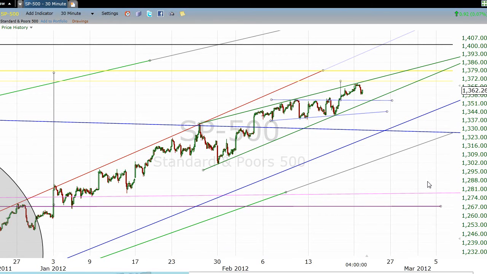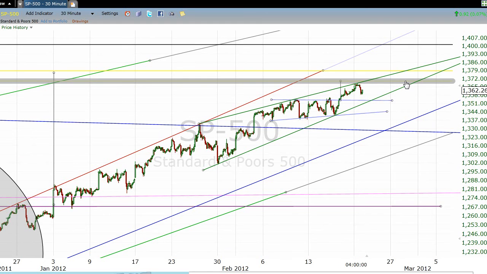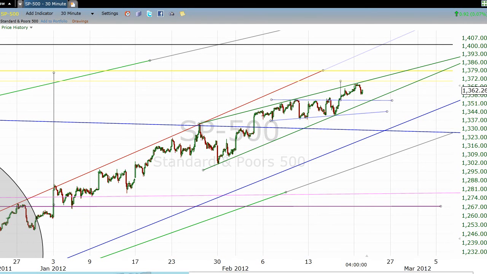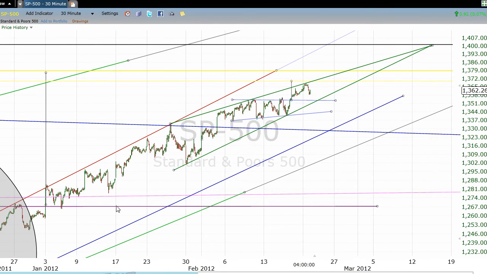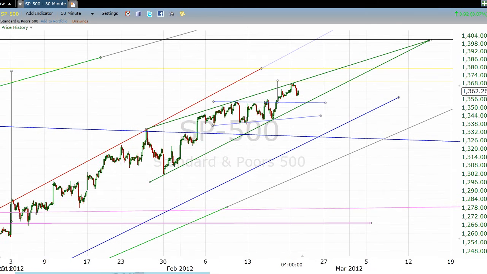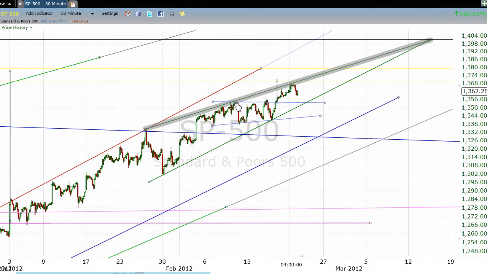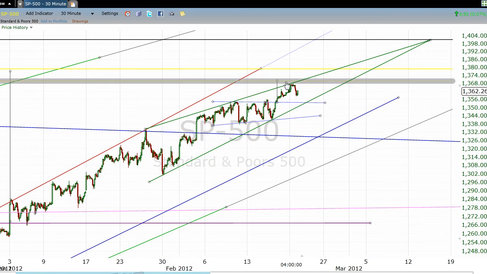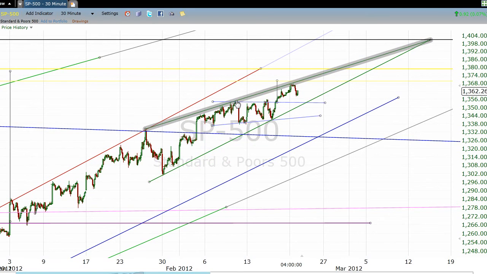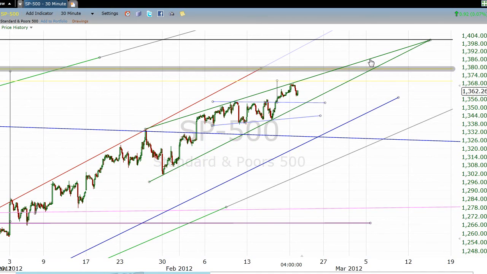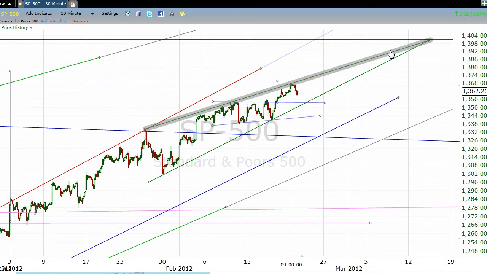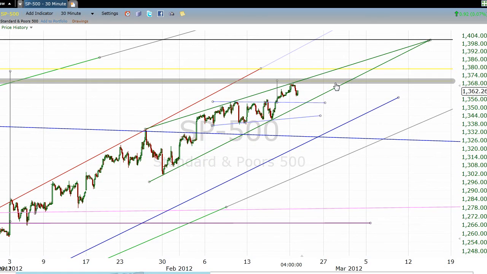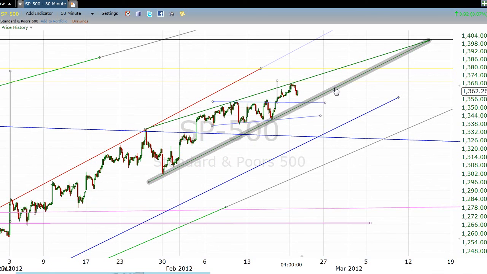I'm seeing that the market wants to go higher, wants to meet these targets, but because of the shape that we've traded in for the entire month of February, with 1, 2, 3, 4, 5 touches, 3 on the top and 2 on the bottom, this looks like a rising wedge, and this looks like a setup for at least a short-term corrective move when this line breaks.